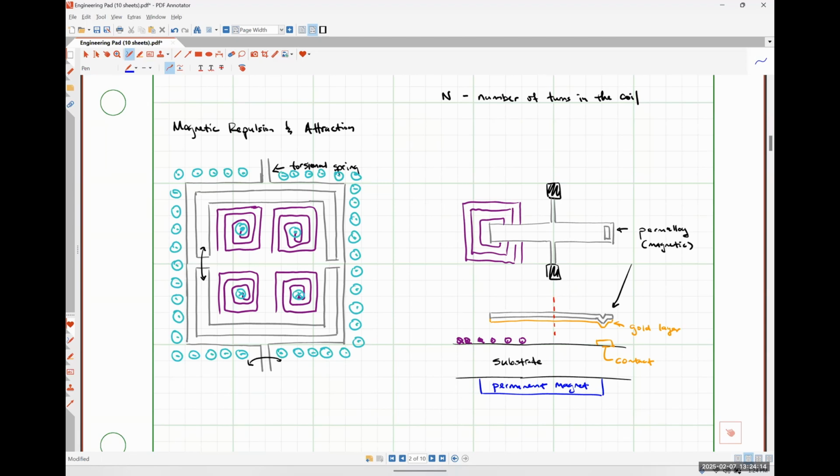So the permanent magnet needs to be strong, just strong enough to hold the tip in place, either on the contact or on the coil when you remove the current, so that when you pass the current in the opposite direction, it can easily overcome that attractive force to cause the switch to actuate in the other direction. So that essentially you don't need to be constantly supplying power to the coil in order to hold the switch closed. All right, so that is magnetic actuation.